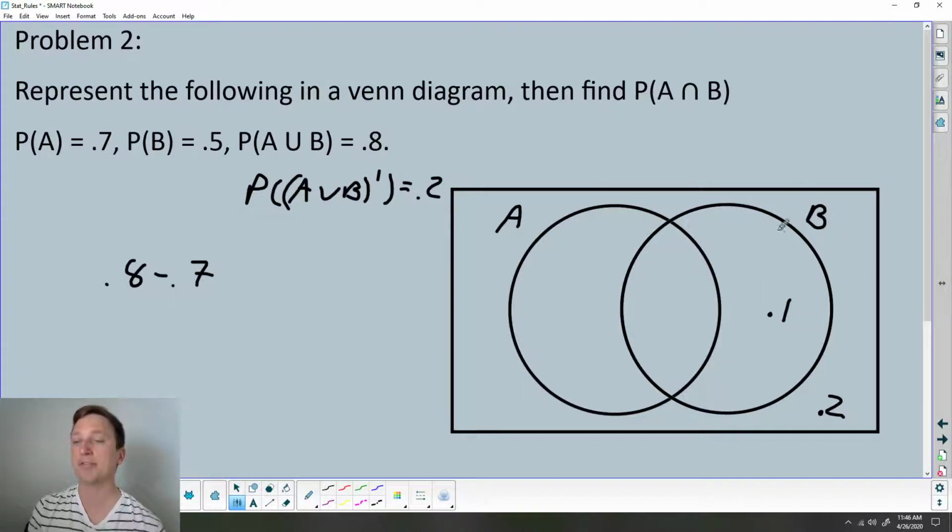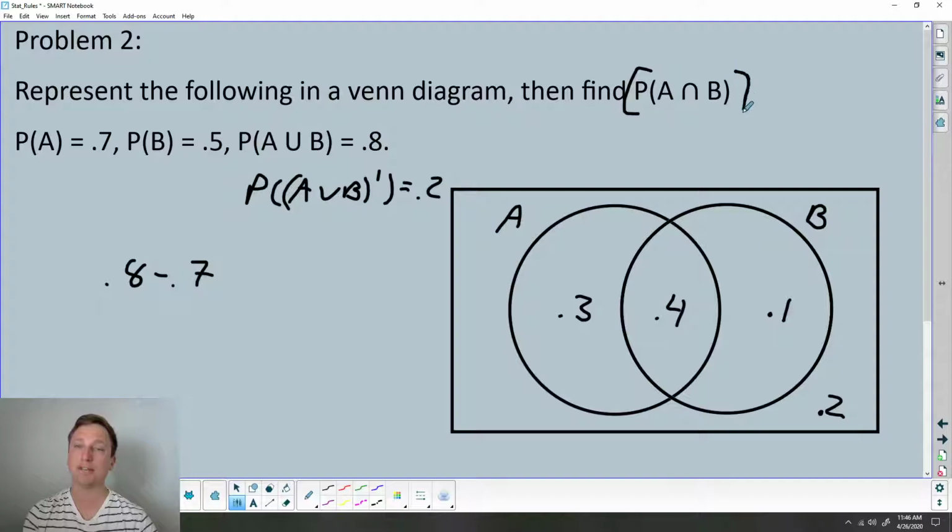So the probability of selecting only B, that got a little wordy there, sorry, is 0.1. Well, if I know the probability of B in total is 0.5, that tells me this is 0.4. And then if the probability of A entire is 0.7, well, I have 0.4 counted already. This must be 0.3.